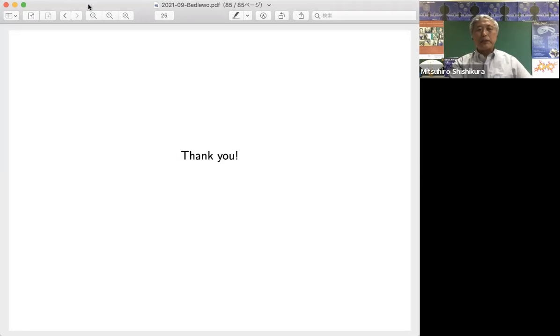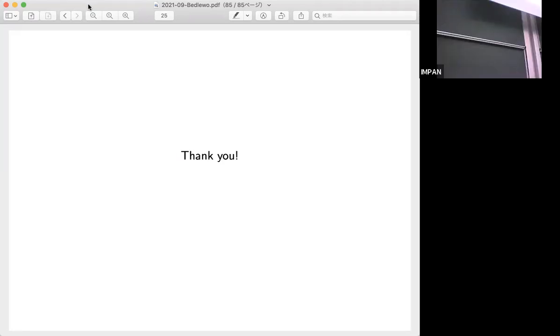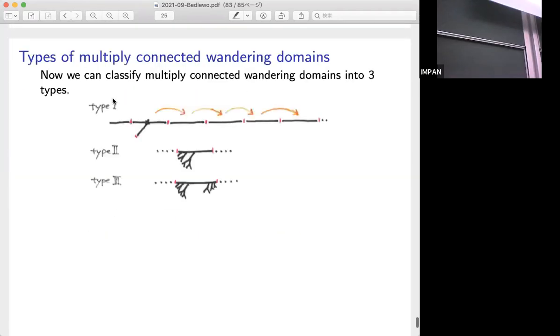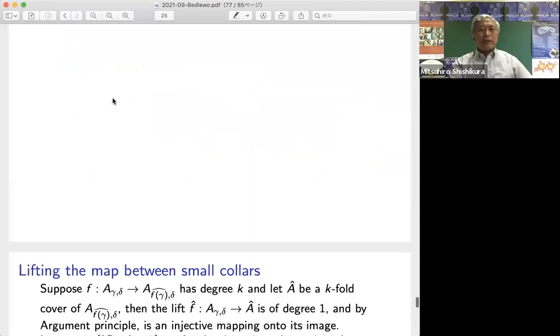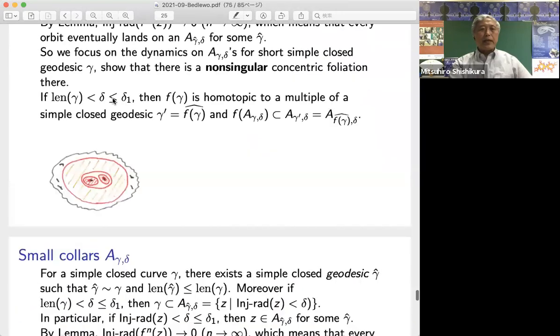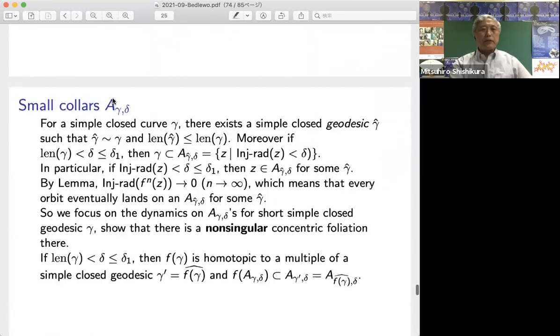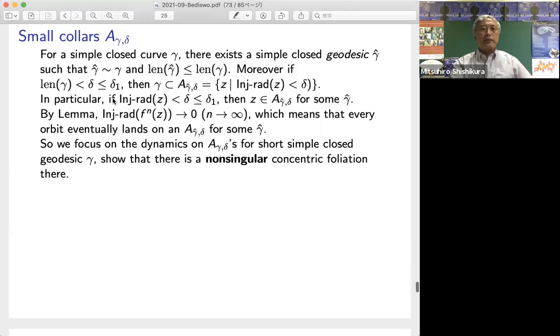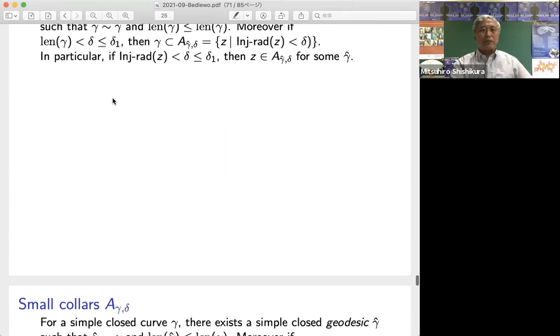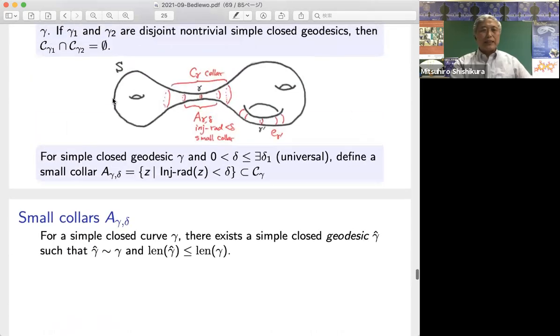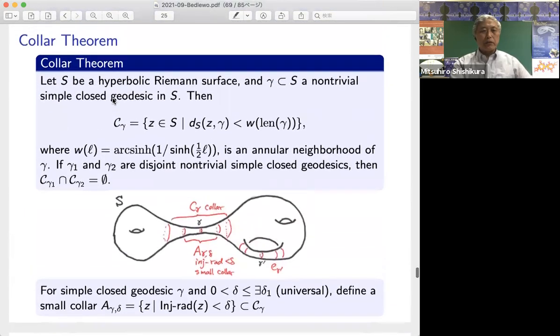But I wanted to know if there's anything where we can find all the lifts and the details that you skipped. The reference I wanted to put was Buser's book about the spectra of Riemann surfaces and so on, because it has detailed hyperbolic metric calculations. And I quoted this theorem from his book.